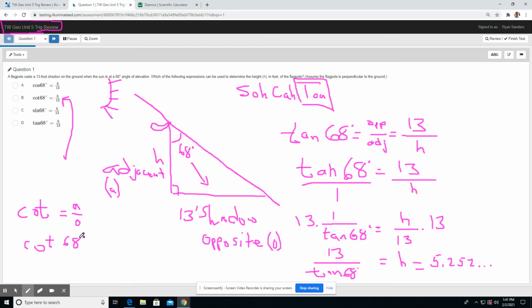Cotangent of 68 is equal to adjacent, which is h, over opposite, which is 13. Sorry about that. That's a tough one. But usually this problem would be done in the tangent sense. So all this work is definitely valid, and that's more of the direction that we're going in.